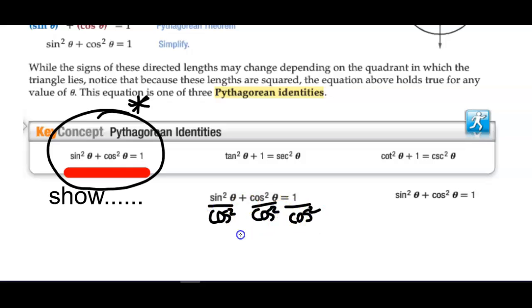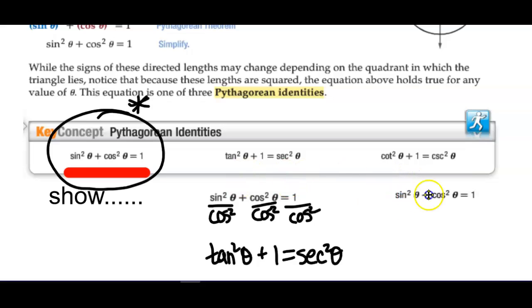And those are all supposed to have thetas. I'm being lazy. But a sine over cosine is a tangent, so a sine squared over cosine squared is a tangent squared. Cosine squared over cosine squared would be 1. And the reciprocal of cosine is secant. So by dividing this first one all by cosine squared, you get this one.